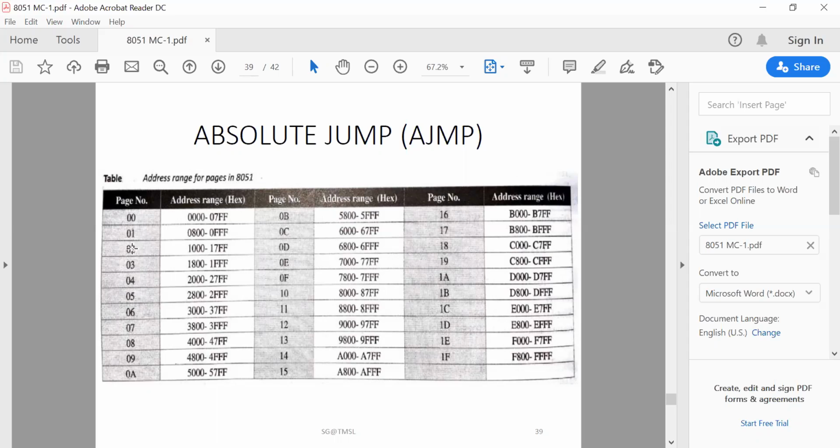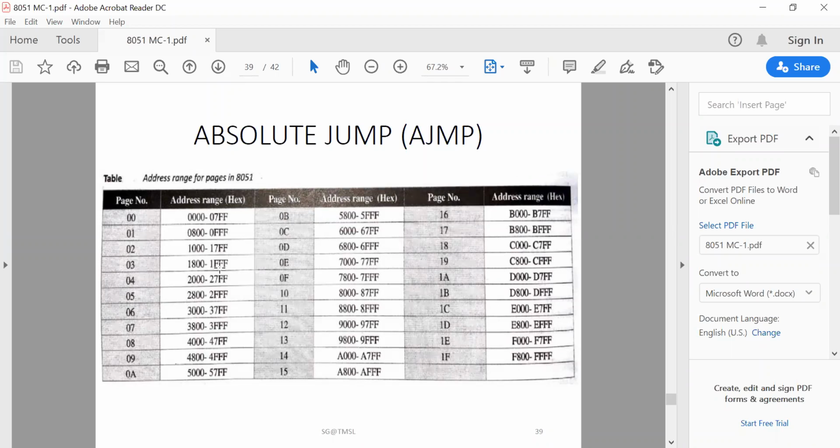These upper 5 MSB bits are the same, whether the address is 1000 or 17FF, in binary form.